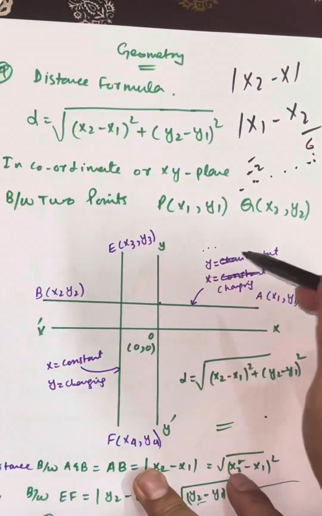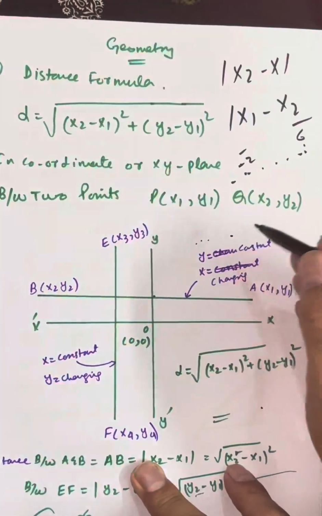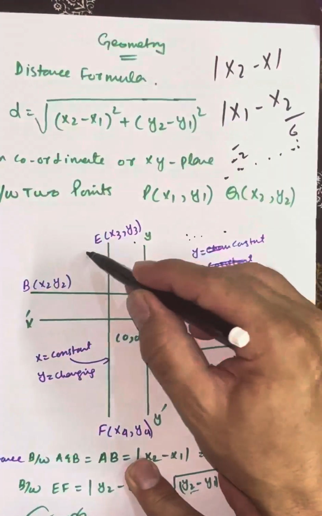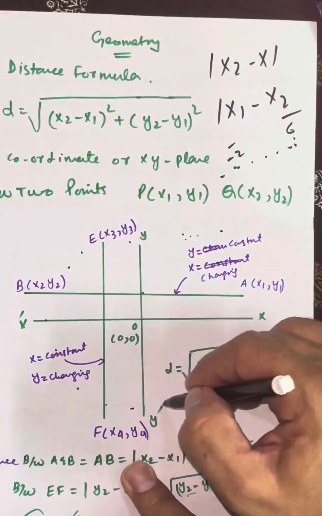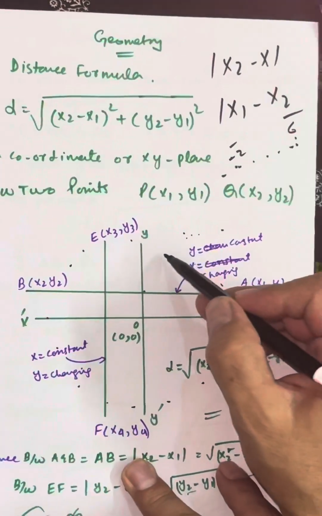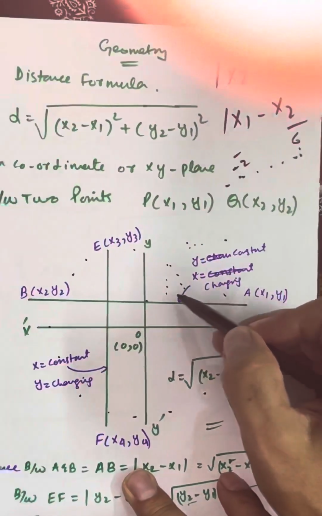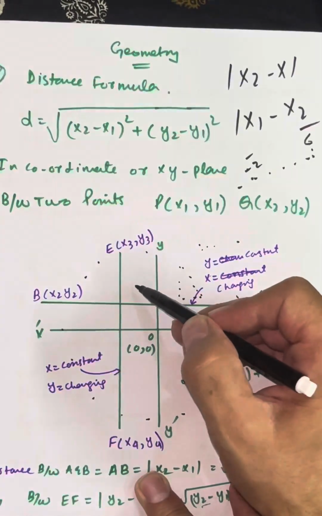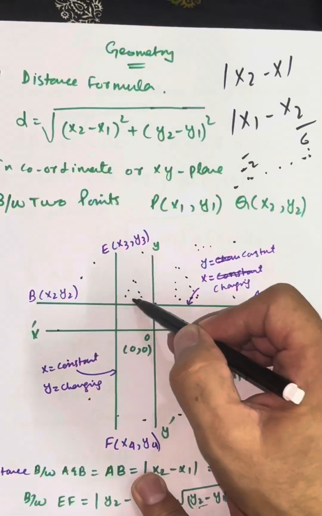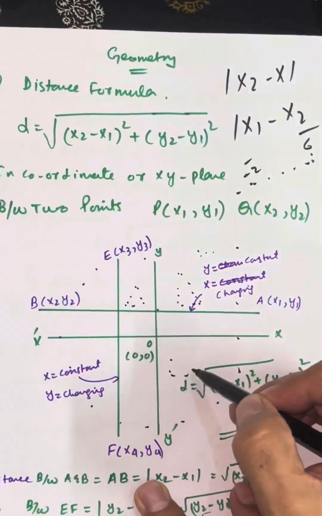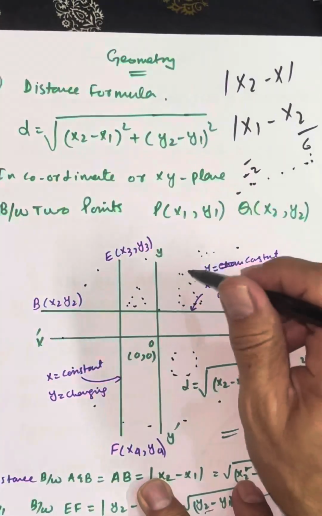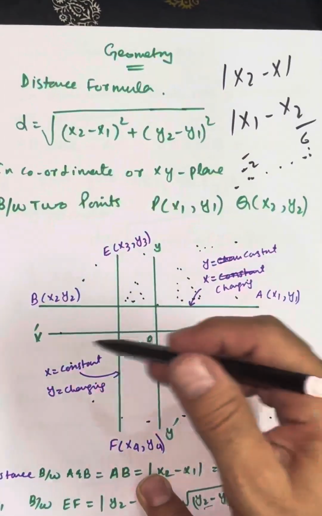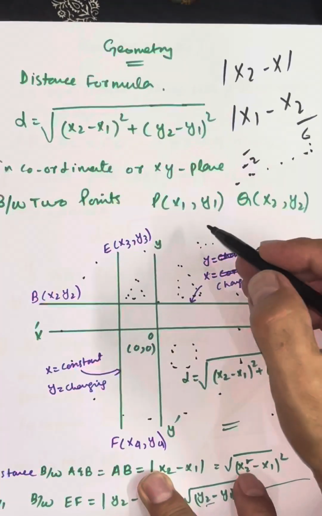In this coordinate system, if there is any point, if you want to make a circle, or if you want to make a triangle, or if you want to make a small circle, any point in the coordinate system has x and y axes.